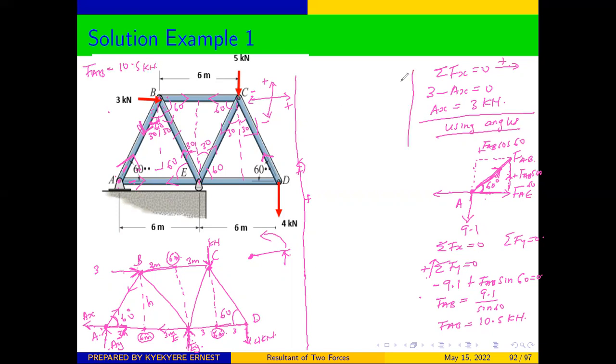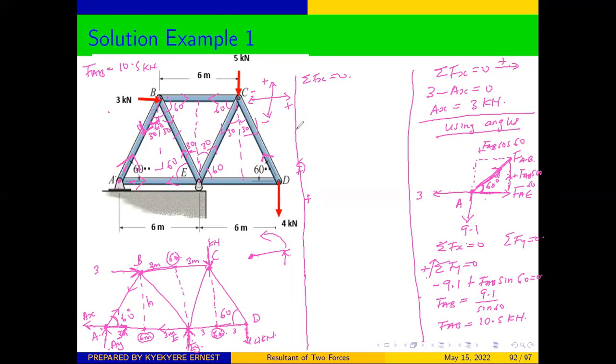Now we can write the equation for x. Sum of all x is equal to 0. For x, we can see that we have this x component here, which is for AX, and we know that AX is equal to 3.